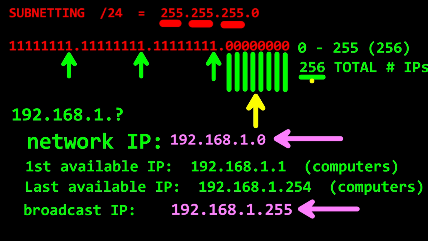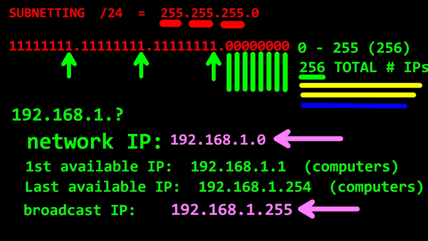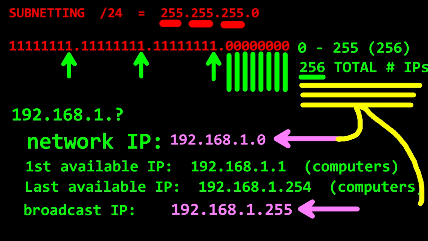How many times? 256 times. 256 is not really an option, but 0 through 255 is, which is a total of 256 IPs, as we determined by counting our zeros in the subnet mask. 0 is the low number, 255 is our high number, and everything in between is what computers, users, or devices can have on this network.